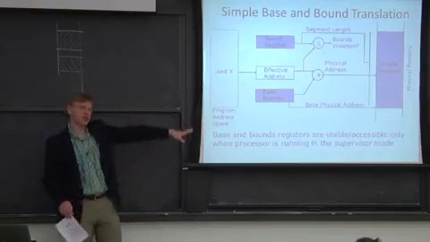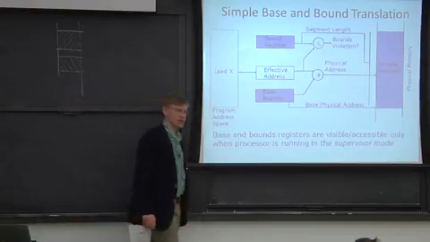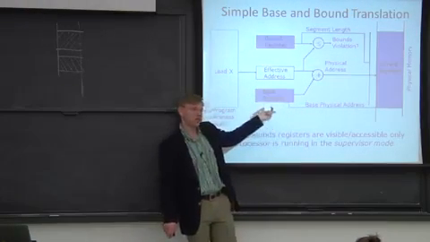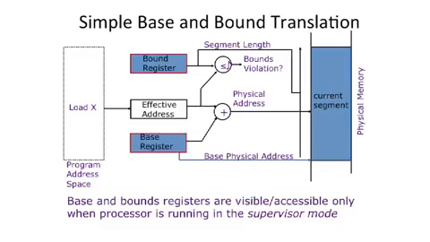Now, this actually still shows up in modern day architectures, yet it's not super widely used. In x86, you actually have segments, which have base and bound registers. There are some problems with base and bound registers, which we'll talk about in a second. But otherwise, this works OK. You can have different segments.